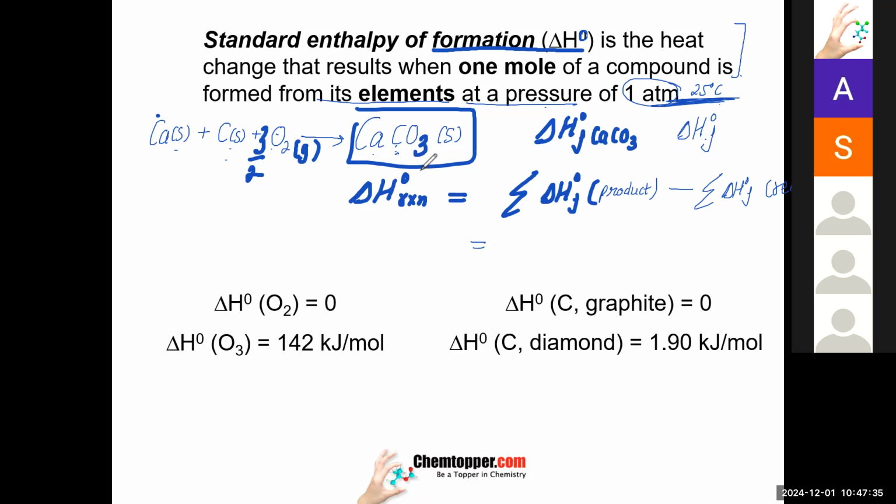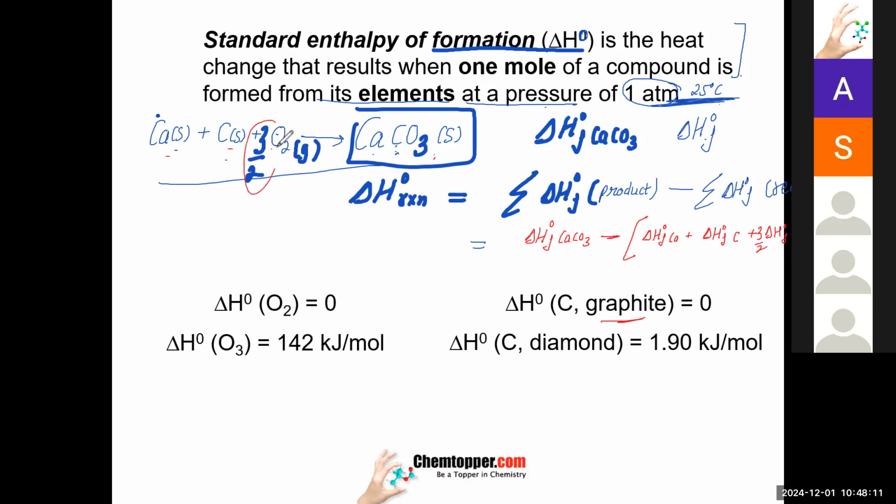Now, what is the product here in this equation? What is the product, children? Delta H naught formation of CaCO3. That's the product. See here. Minus summation of delta H naught formation of calcium, the reactants, delta H naught formation of carbon graphite plus delta H naught formation of O2 times 3/2.